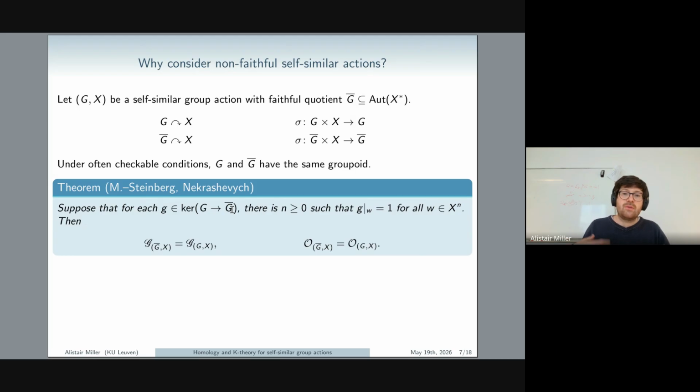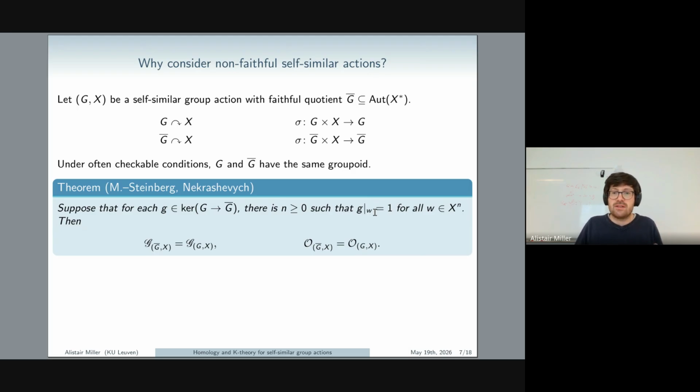But we're sort of saying that things that are in the kernel of this action of G acting on the tree, they're in there for a good reason. They're in there because at some point the sections of all words of length n become the identity. Bear in mind, if we're in the kernel, by definition we're fixing all of the words, right?